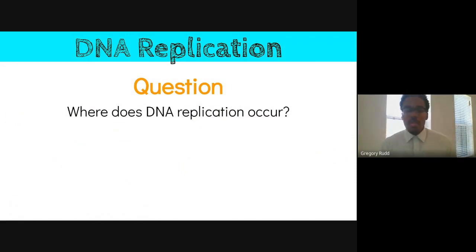Another question: where is this process of DNA replication occurring? Where does the DNA replication occur? The big hint is, if DNA is involved, then where is this probably happening?